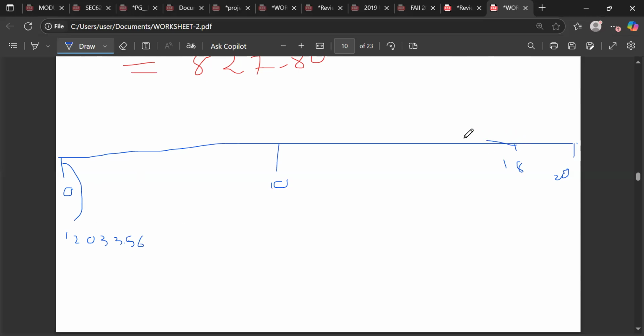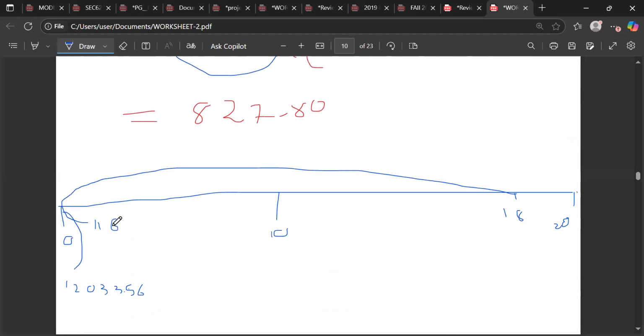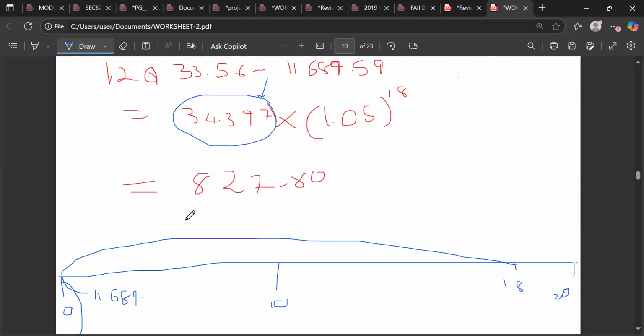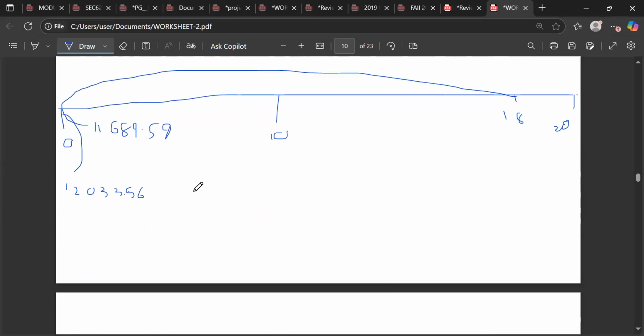So the present value all the way back, we're getting 11,689.59. Now, I see how these two are different. So I'm trying to assess the impact of the difference, which is the 12 minus this, giving us 343.97.